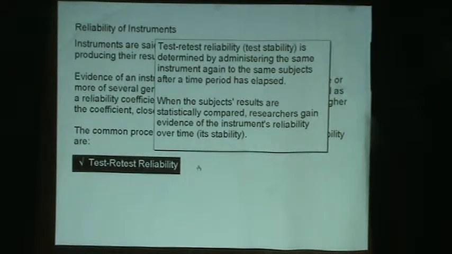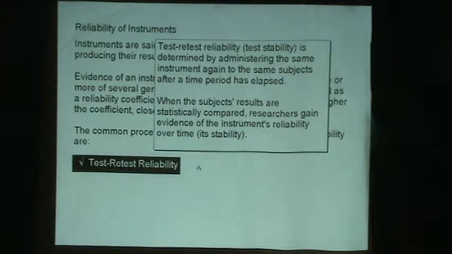So you have a group of subjects or participants, you administer the test, and then a certain amount of time lapses, maybe a month, 2 months, or whatever, and then you administer the test again, and then you statistically compare the results. If the results are very similar, then we can say that this test has good stability or good reliability. So that's test-retest reliability.